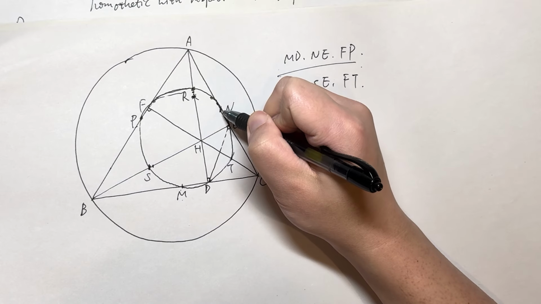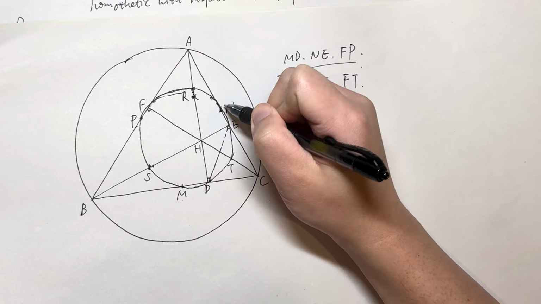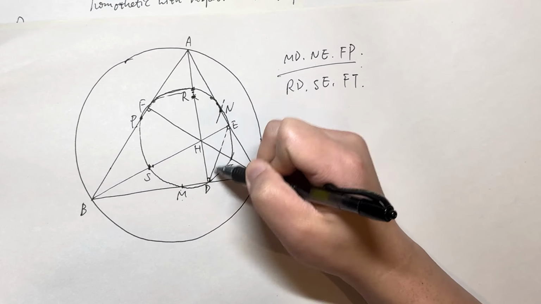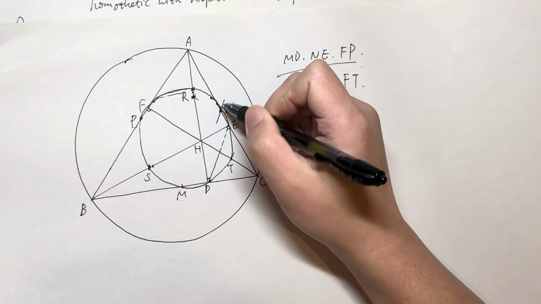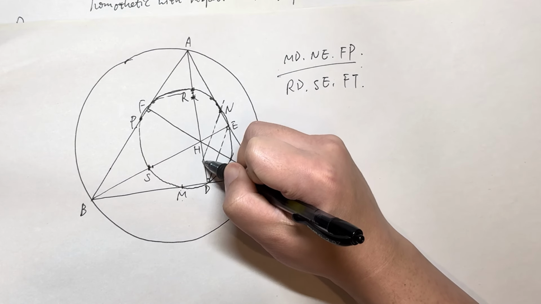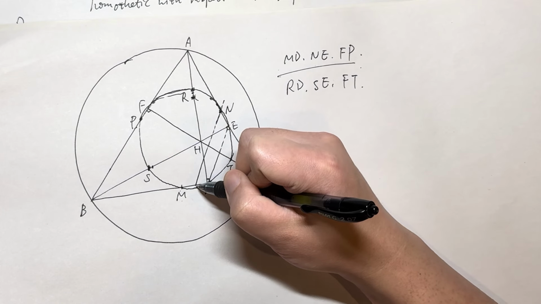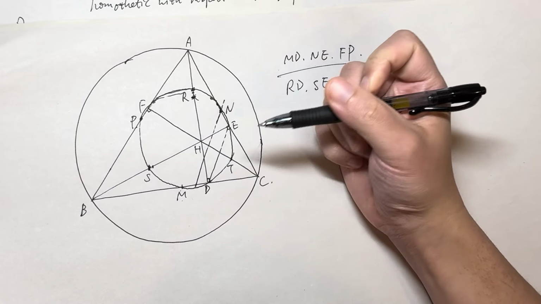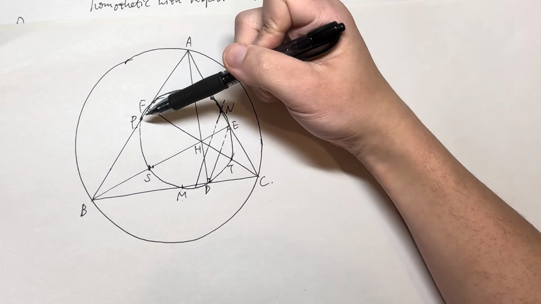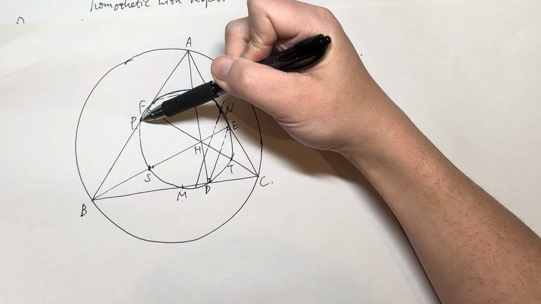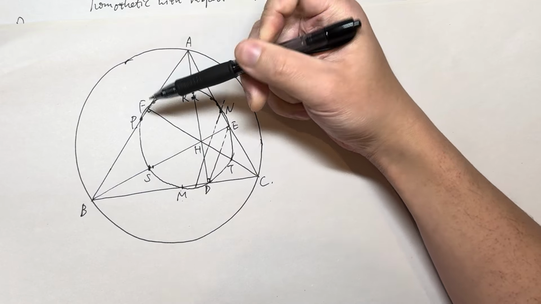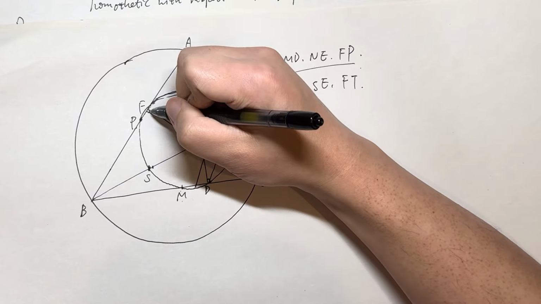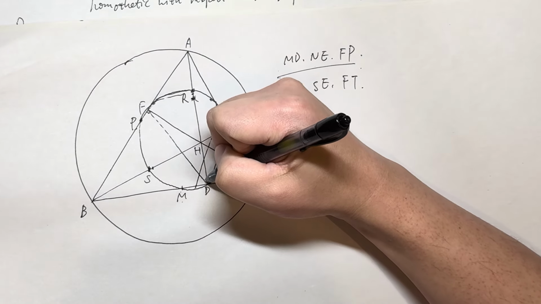And think about we draw a parallel line passing through N. We find a line passing through N and parallel with ED. And then we find another line passing through P and parallel with FD, right? Let's connect FD.